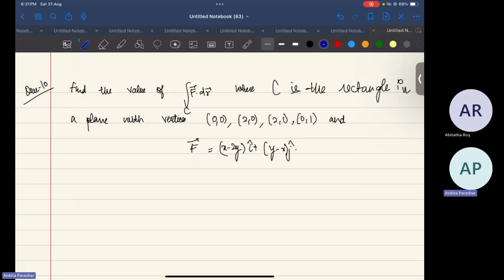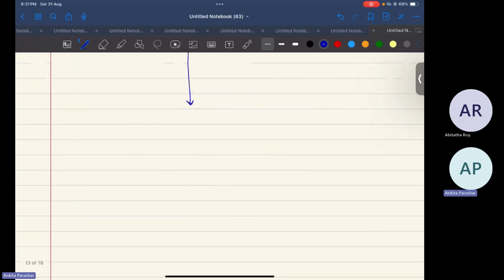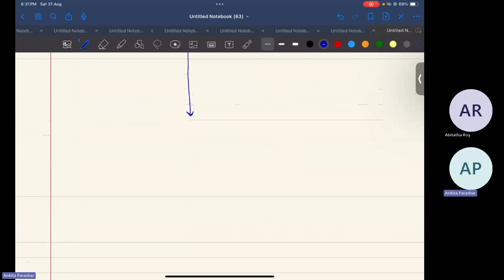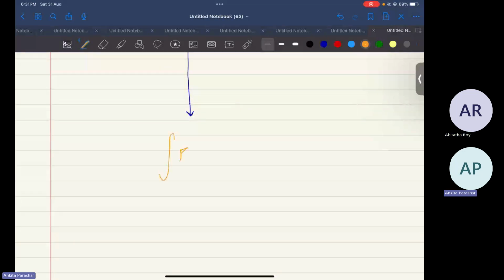Just a comment I want to make here. I forgot: f dot dr along C and f dot dr along minus C. Can you relate these two? The conclusion that we made, how are these two things related?